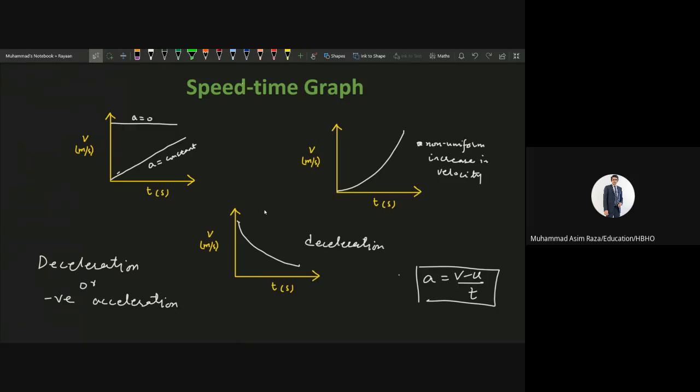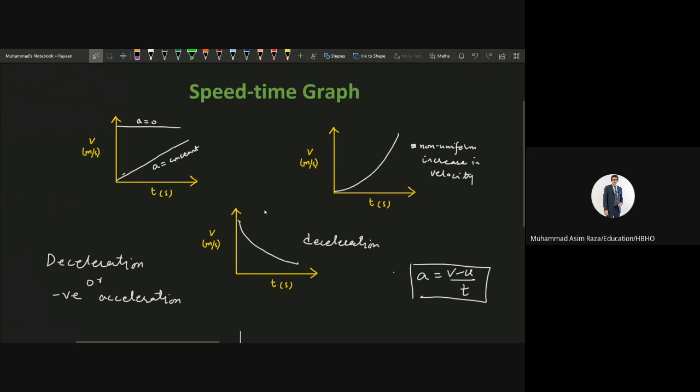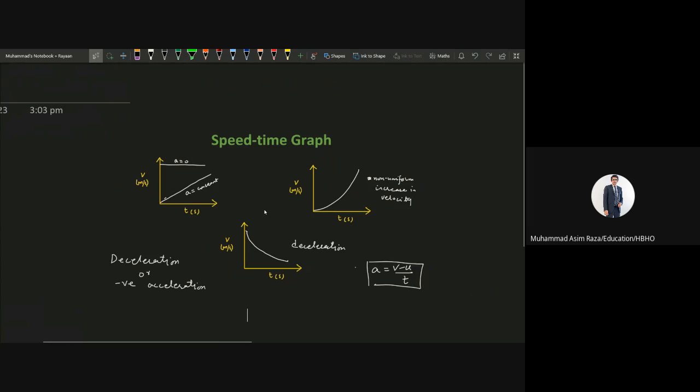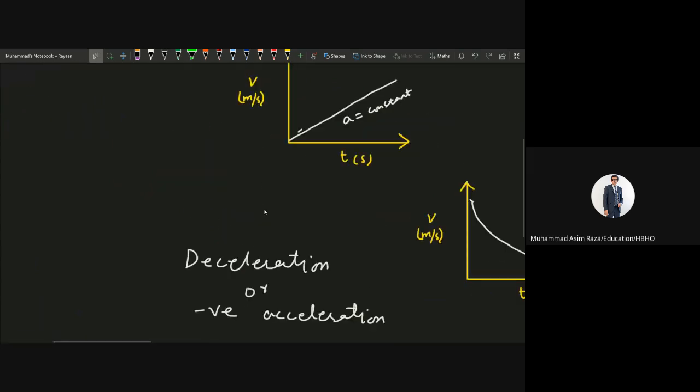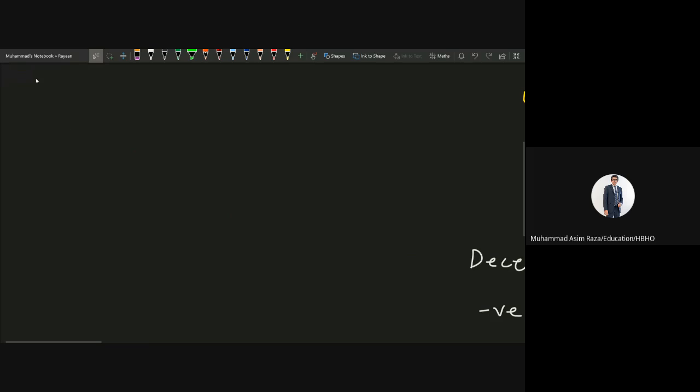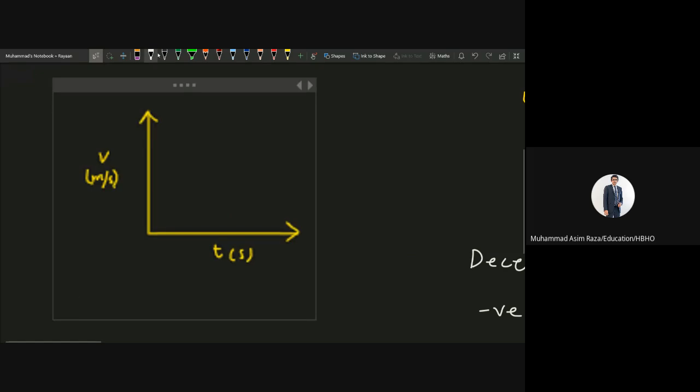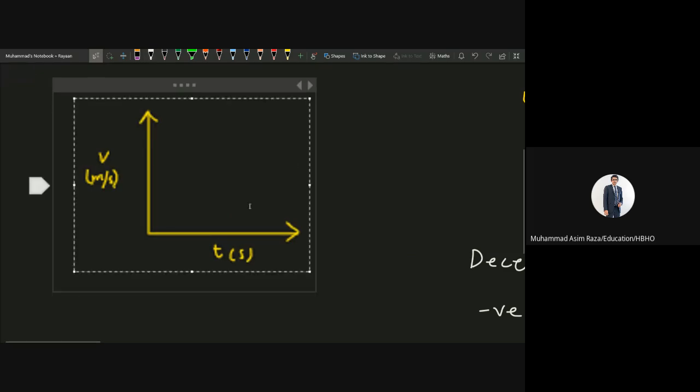Okay, so we're going to study velocity-time graphs, and we will be discussing some different aspects of these graphs. For example, let's say we have this sort of graph.